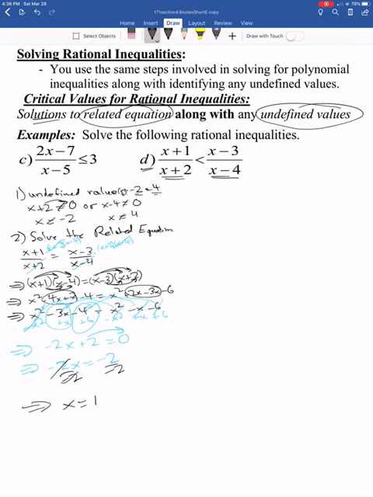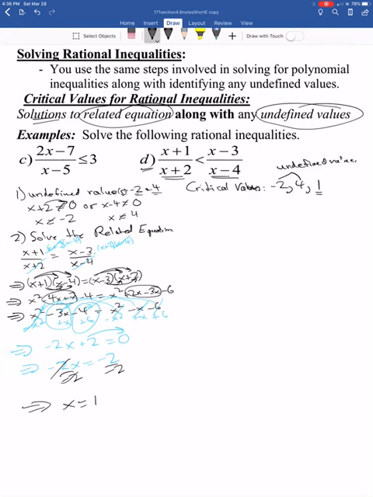So not only are negative 2 and 4 critical values, let's list all three critical values that we found now: the undefined values, negative 2 and 4, and the solution to the related equation. Just keep in mind, these are the undefined values, what made the denominator 0, and this is the solution to the related equation as we solved it for x.